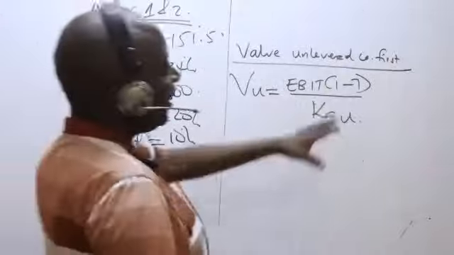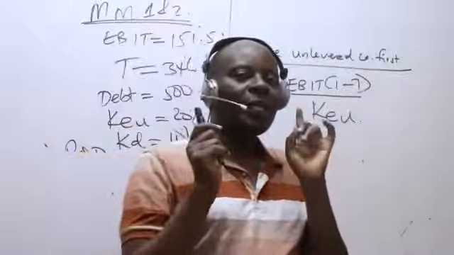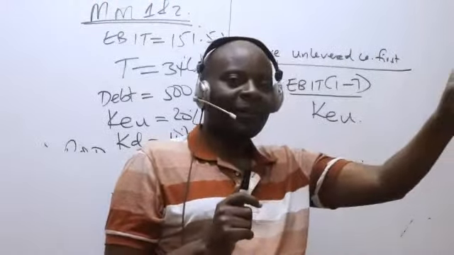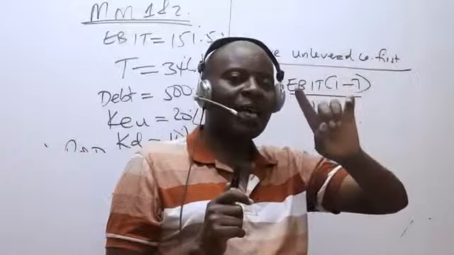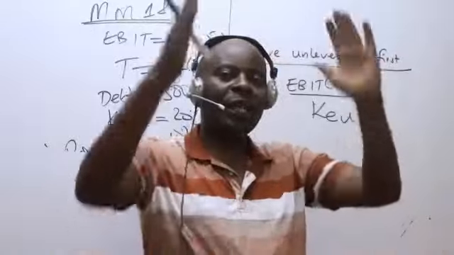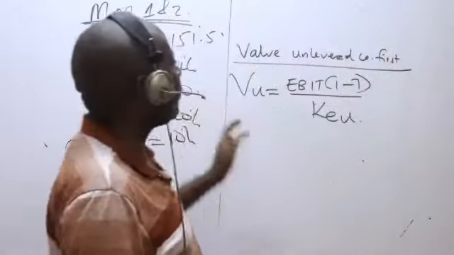Like the one that we did, remember, one of the assumptions of MM is that the company will be a going concern in the long term. N is infinity, so you're taking the amount divided by the cost of capital. Have they given me EBIT here?